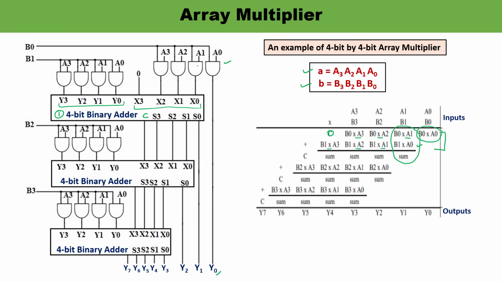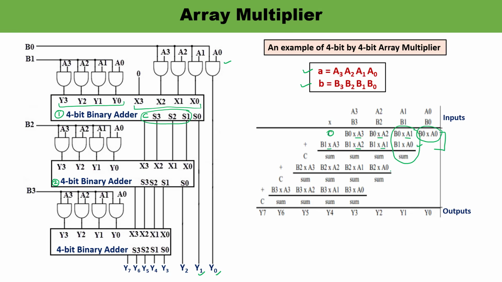When you add these two terms, you get Y1 directly, means this is not going to contribute to the next stage. Next stage contribution will be from S1, S2, S3 and C. So these are the inputs for the second 4-bit binary adder.